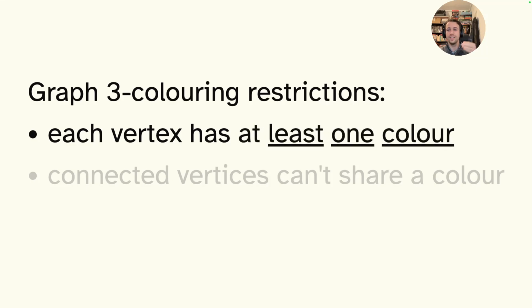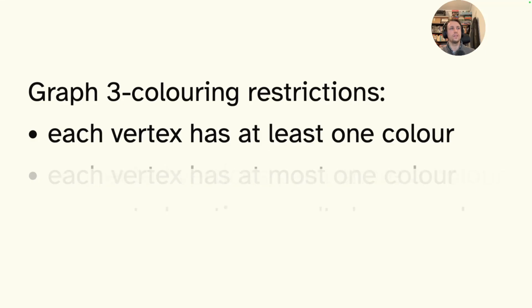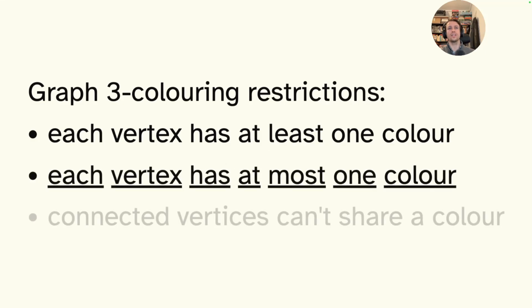What I did now was restrict each vertex to have at least one color. But I also want each vertex to have at most one color, because this is, if you look at it, a very convoluted way of saying each vertex has exactly one color. It has at least one and at most one.